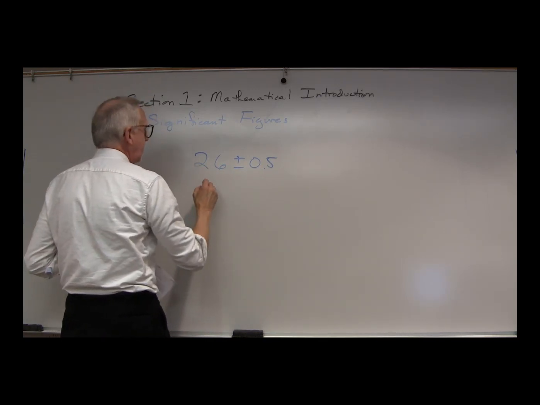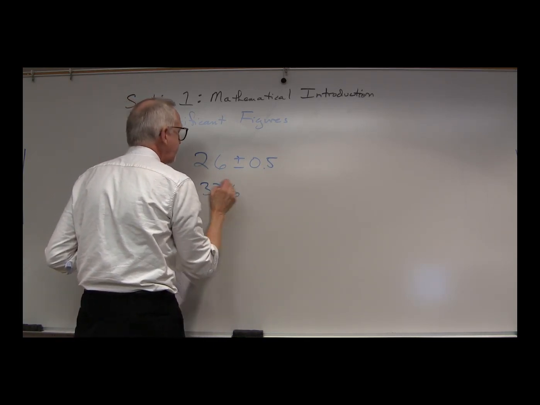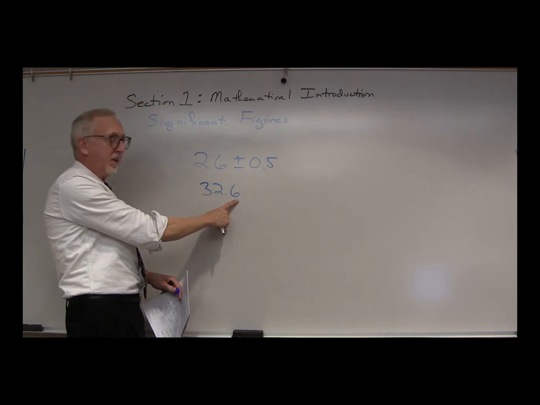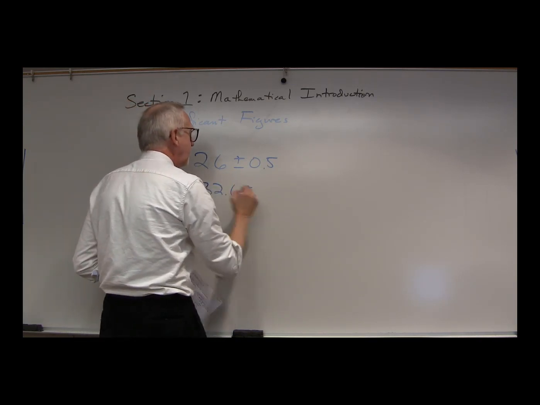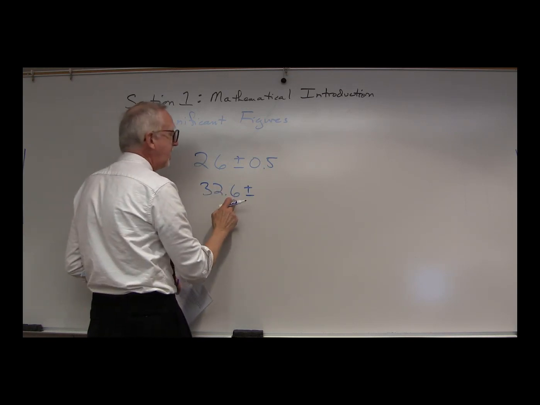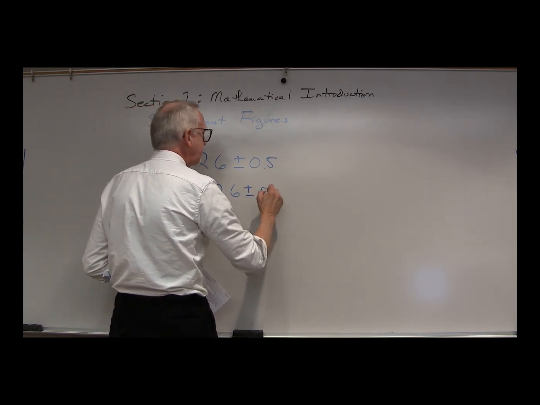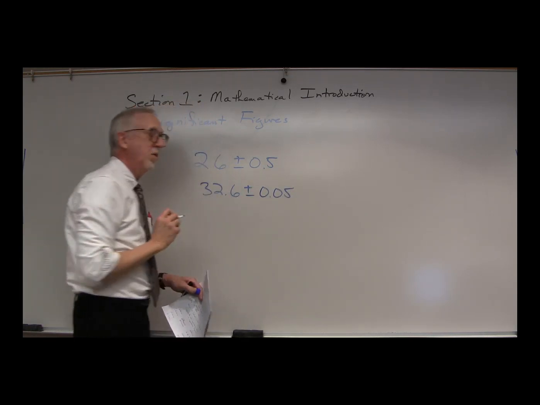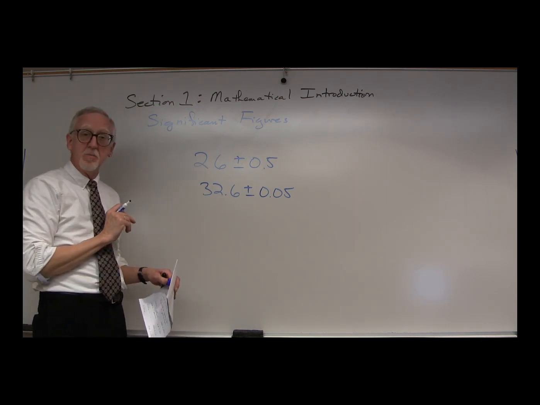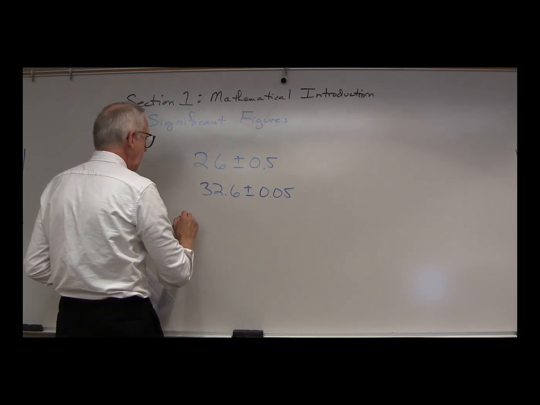If we were to say something like 32.6, now we're giving the tenths place, so the uncertainty, you might say, would be on the next place, the hundredths place, 0.05.